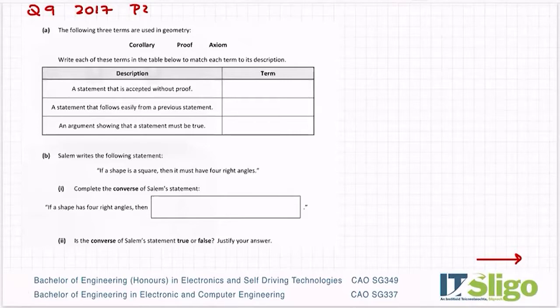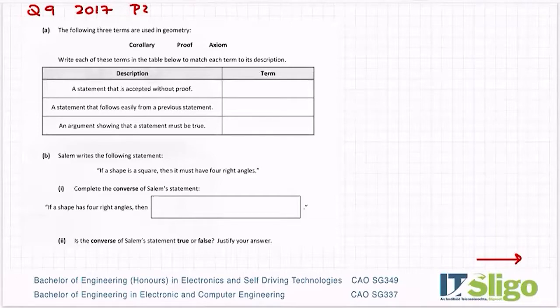So this was on 2017. And it said the following. The following three terms are used in geometry: corollary, proof, axiom. And it asks you, write each of these terms in the table below to match each term to its description.